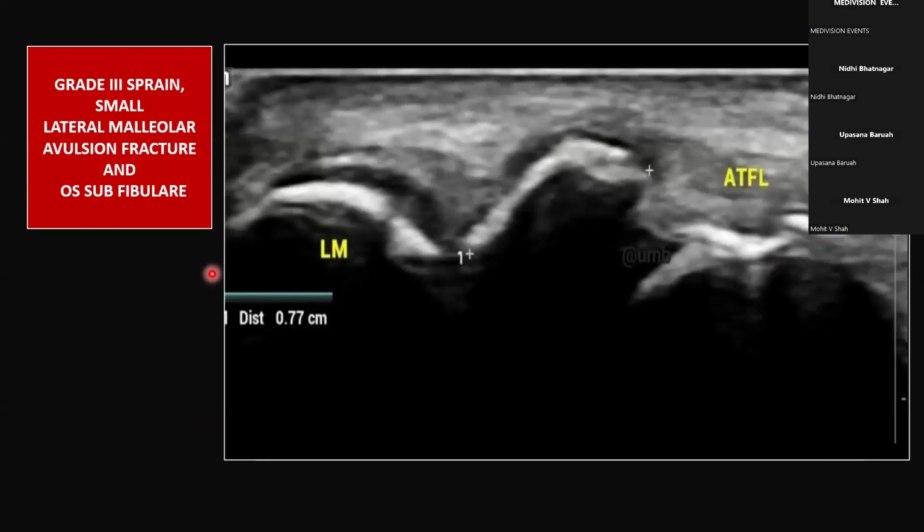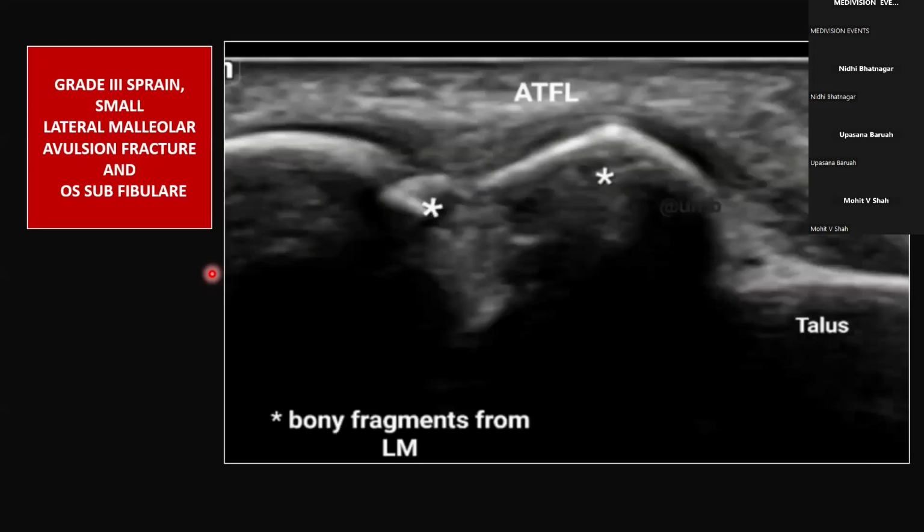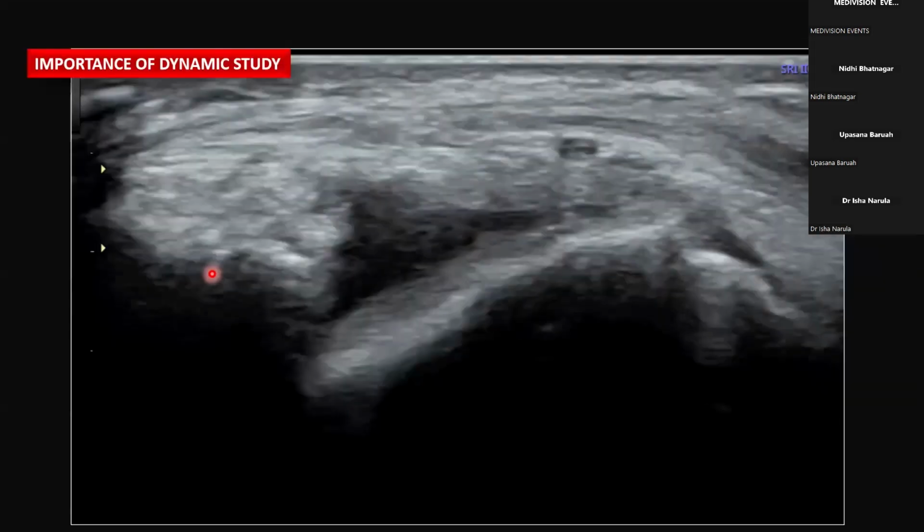And finally we concluded avulsion fracture and presence of a subfibular ossicle, and it should not be confused with Hiller's avulsion tear. Just to look how important is dynamic study.